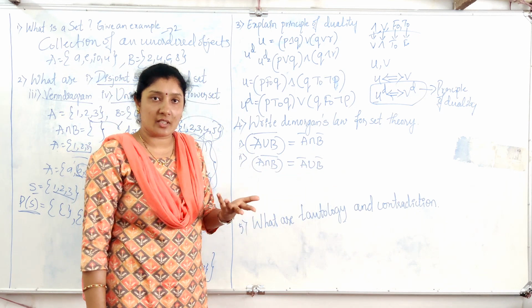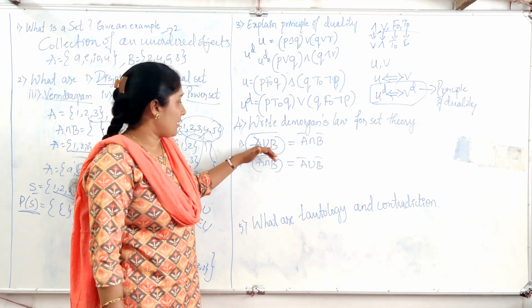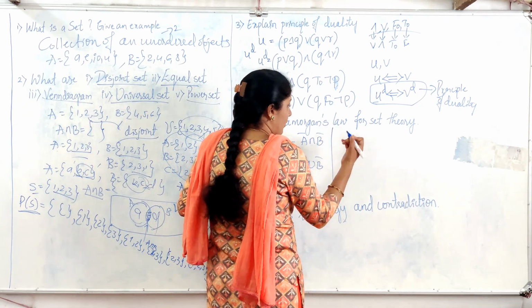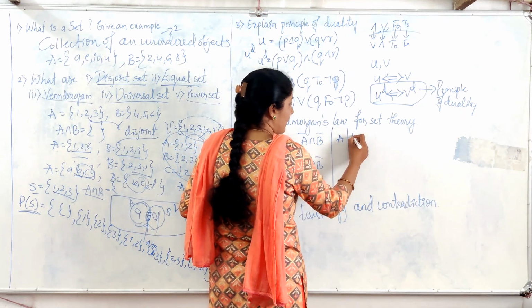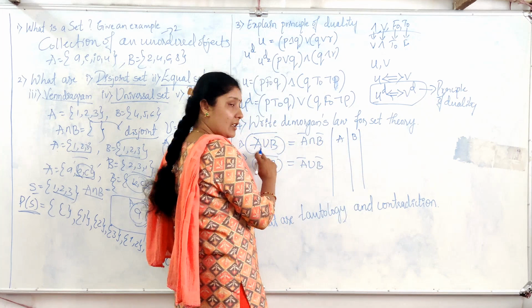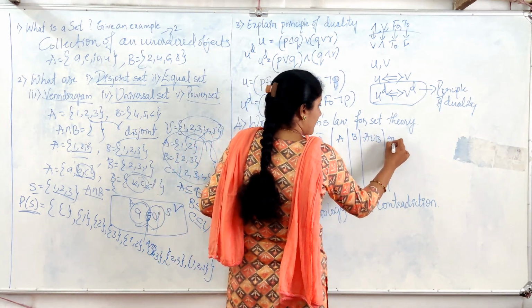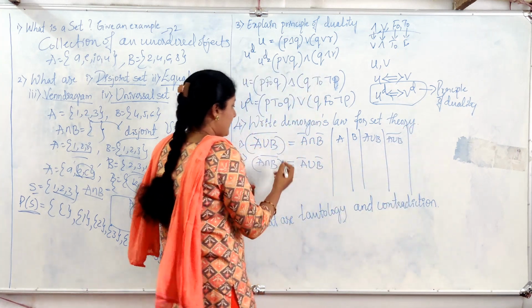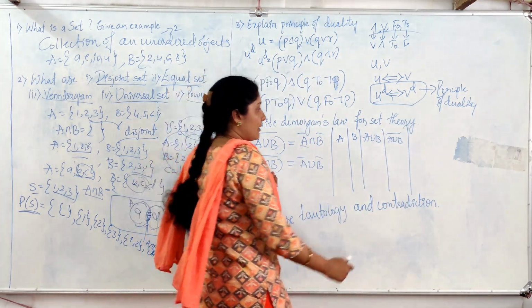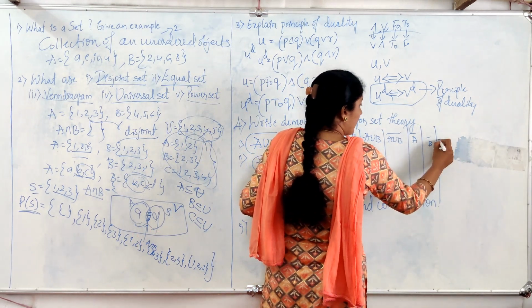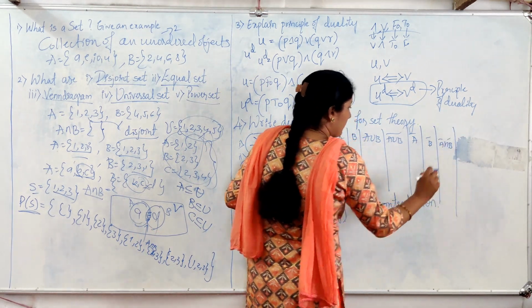We can prove this using the truth tables. Let me solve one. A union B whole bar. So what do we require here? A, B, then A union B, then A union B whole bar, then the RHS side: A bar, B bar, A bar intersection B bar.